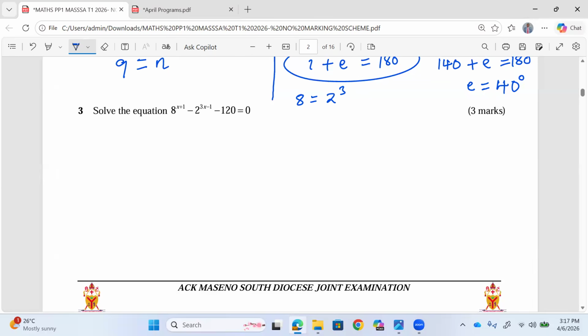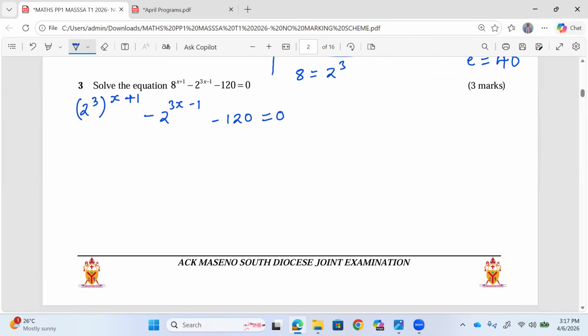So now we're talking about 2 power 3, and there is already an existing power of x plus 1, minus 2 power 3x minus 1, minus 120 equals 0.